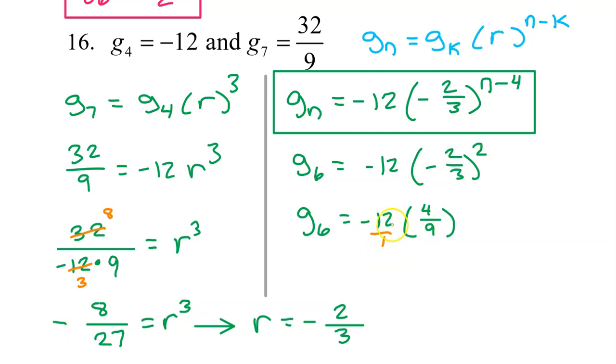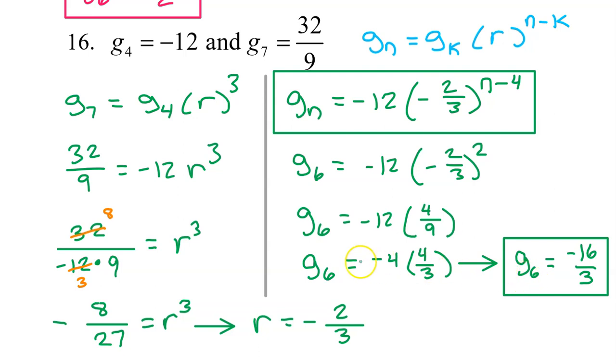This is like 12 over 1. I prefer to reduce these as they are. Both 12 and 9 are divisible by 3. So this is going to become a 4, and this is going to become a 3. So G6 will equal negative 16 over 3.